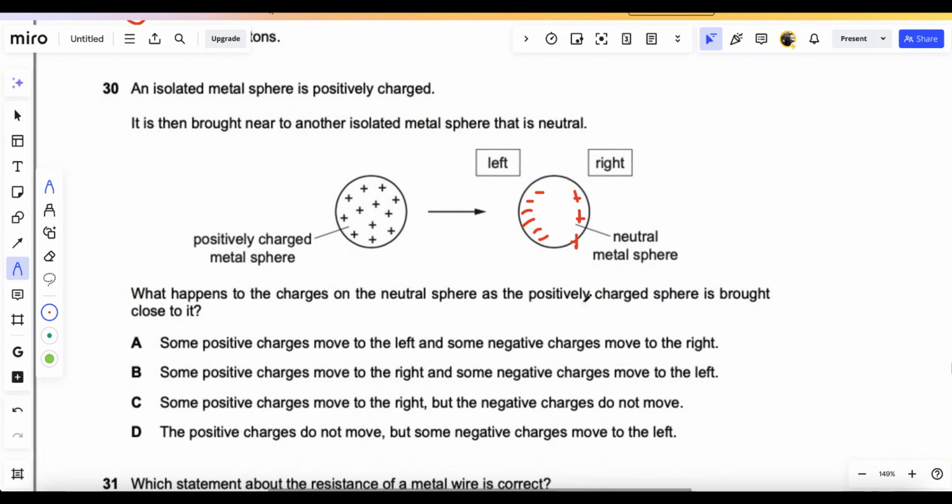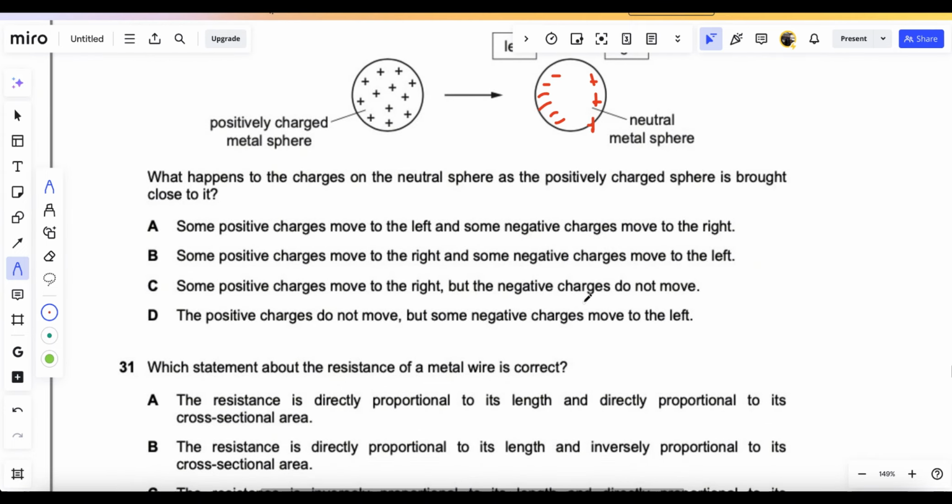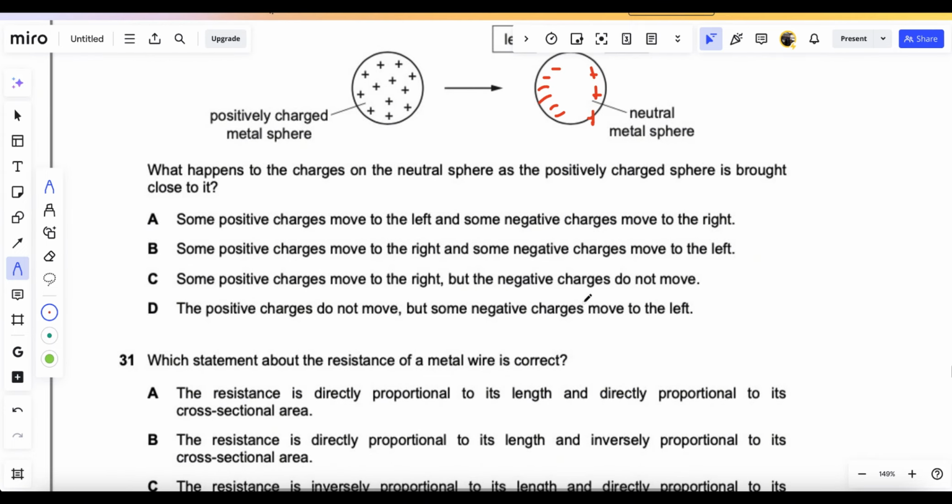Now let's read the options. Some positive charges move to the left? No, positive charges do not move. Some positive charges move to the right and some negative charges move to the left? Not some. When they use the word some, it will not be correct. It will be all.